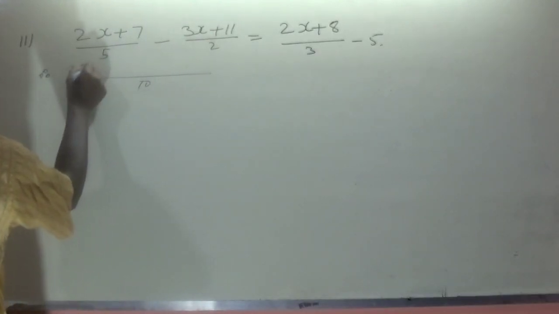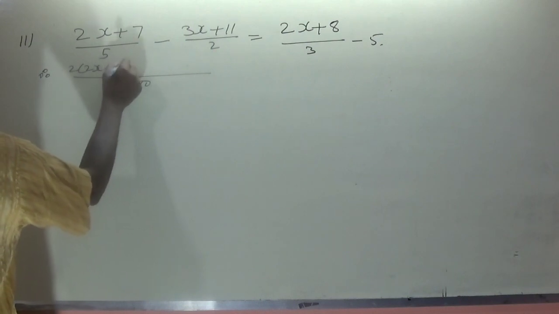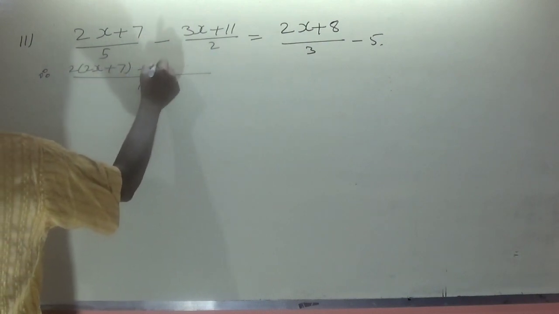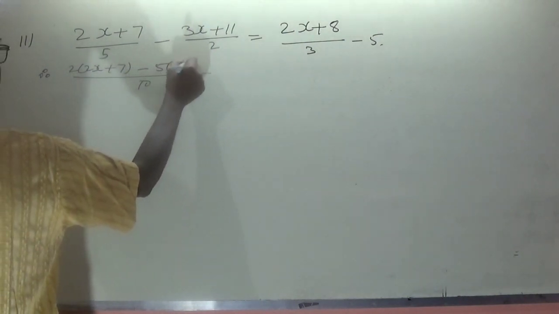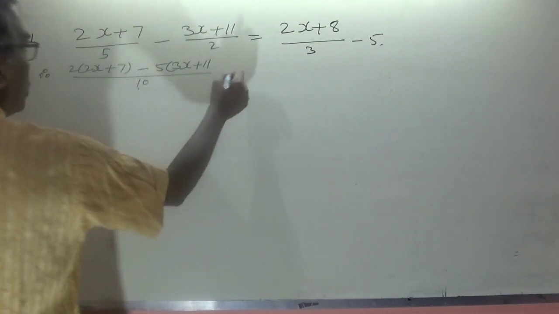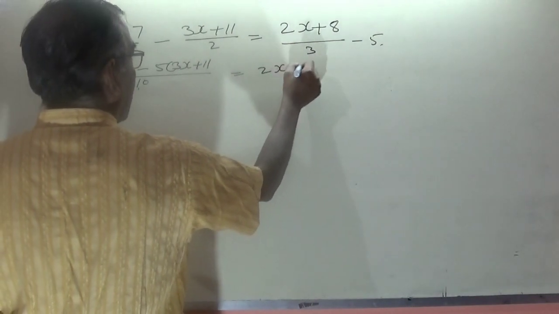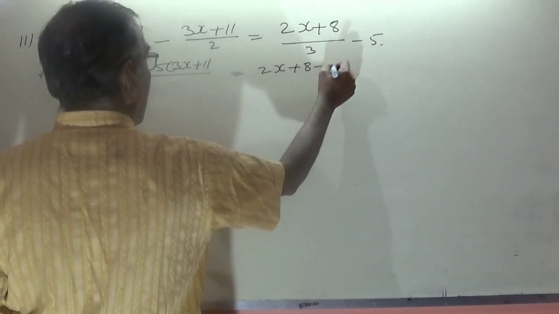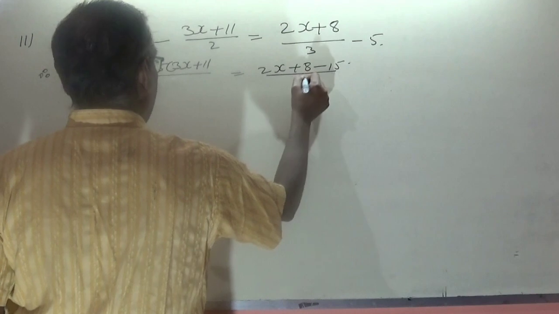2 is supposed to multiply with 8. 2x plus 7, minus 5 is supposed to multiply with 3x plus 11, will be equal to 2x plus 8 minus 15 divided by 3.